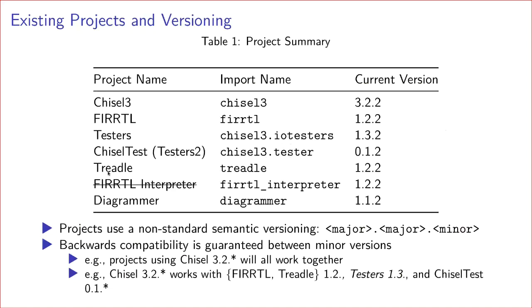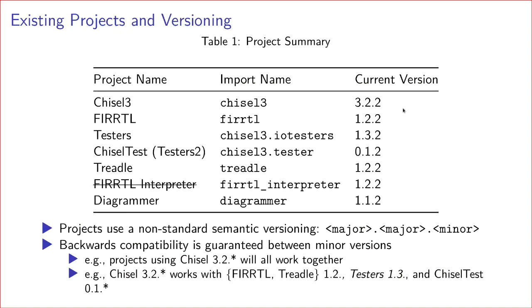There's FIRRTL, which is a FIRRTL interpreter. There's also the FIRRTL interpreter, which is the old one, replaced by the Treadle, hence the strikeout on this. And there is Diagrammer, which I don't know if anyone's seen specifically, but this is really cool. It'll let you generate nice SVG graphs from FIRRTL circuits.